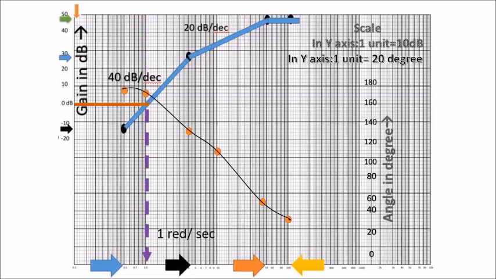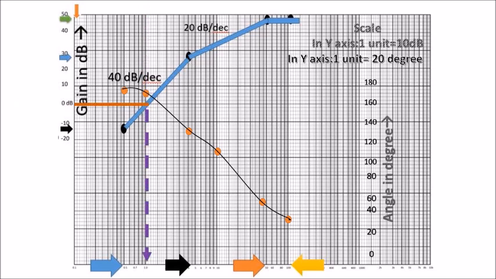So this is the frequency, that is 1 radian per second, and 1 radian per second is nothing but the gain crossover frequency. Okay, so we have studied the phase crossover frequency and also the gain crossover frequency.